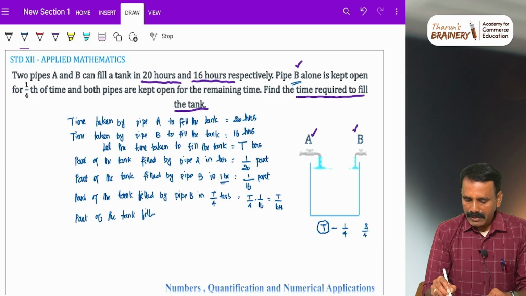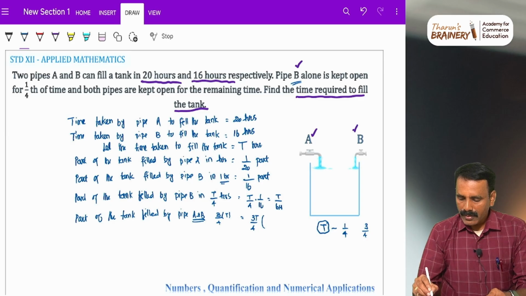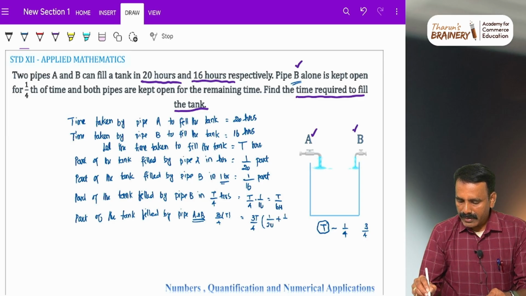Part of the tank filled by pipes A and B together, operating for 3 by 4th of the full time required, is 3 by 4 T of 1 by 20 plus 1 by 16.